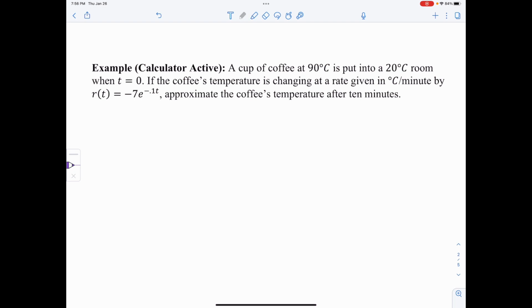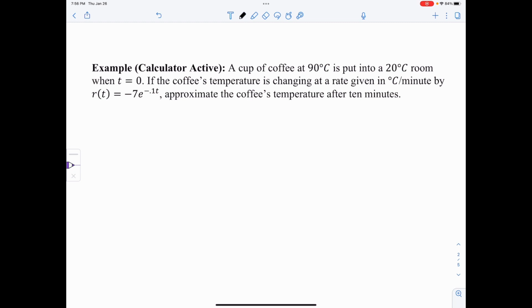Okay, so we know that the cup of coffee is initially 90 degrees Celsius. And we want to figure out after 10 minutes what the coffee's temperature is. So we're going to take that initial temperature of 90 degrees Celsius, and we're going to figure out what the net change is.